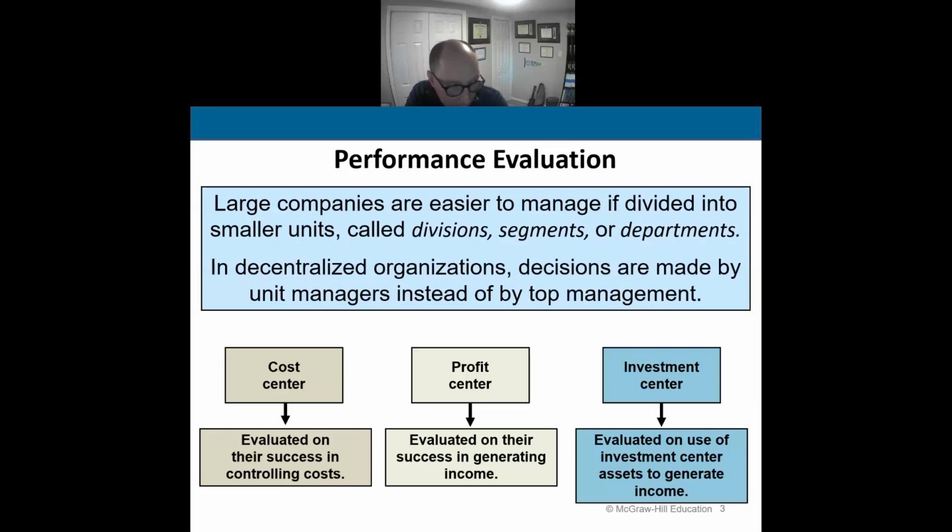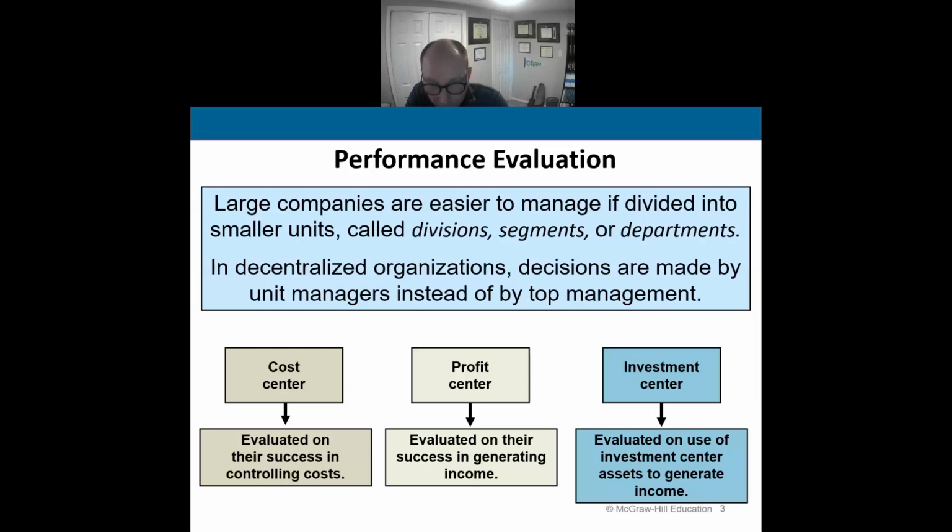That is banquets. That is conferences. Those are profit centers. That's rooms division. Why are they profit centers? They're profit centers because they're tasked with generating income. The sales department generates income.